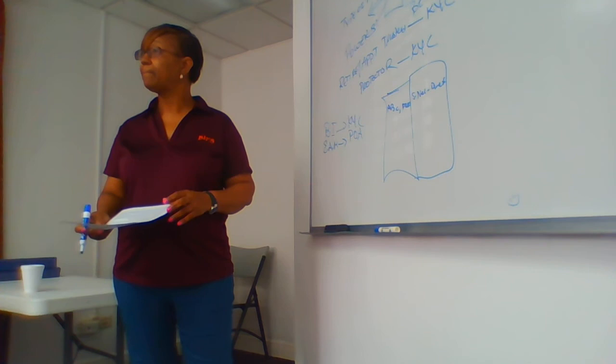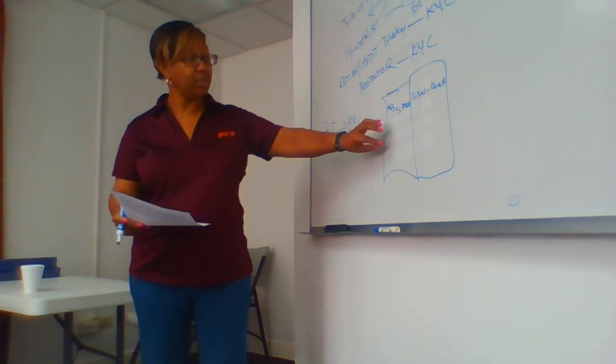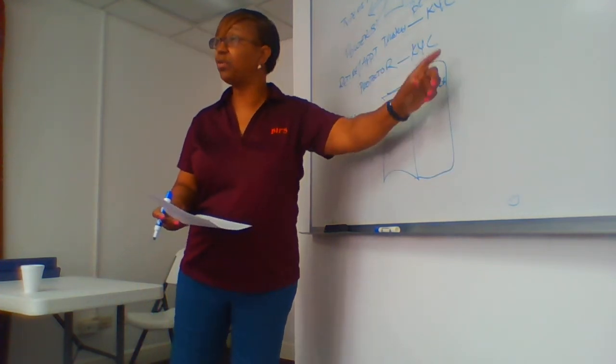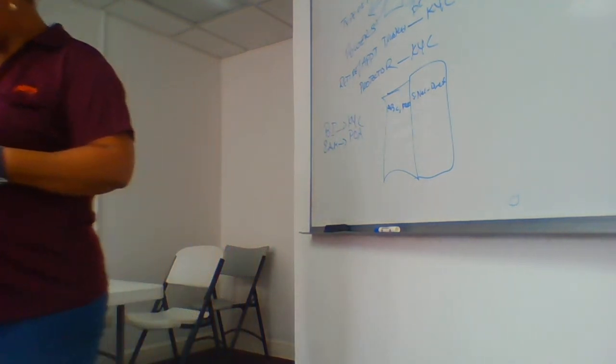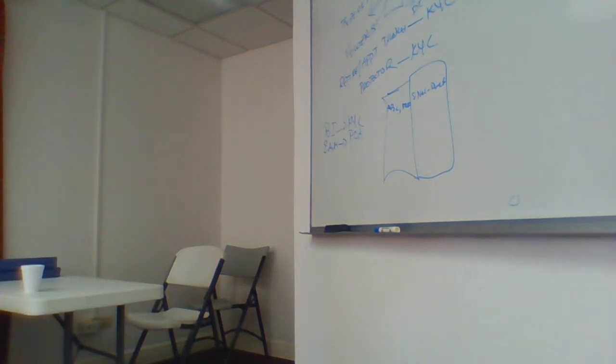The agreement is to say these are the services I'm going to provide for you in a nominee capacity. What I'm saying is, whoever you establish that IBC for, you need to get all the KYC information, just like how the bank does it. All the KYC.